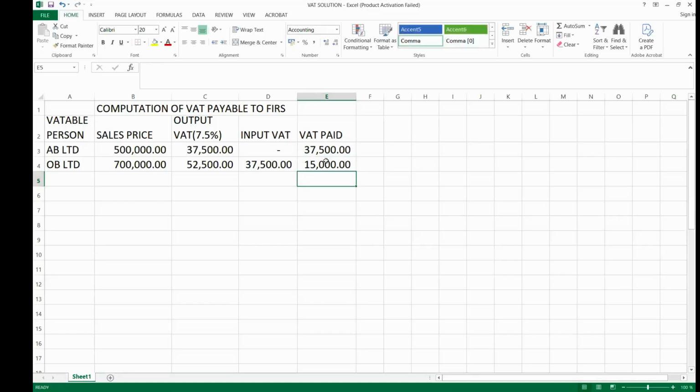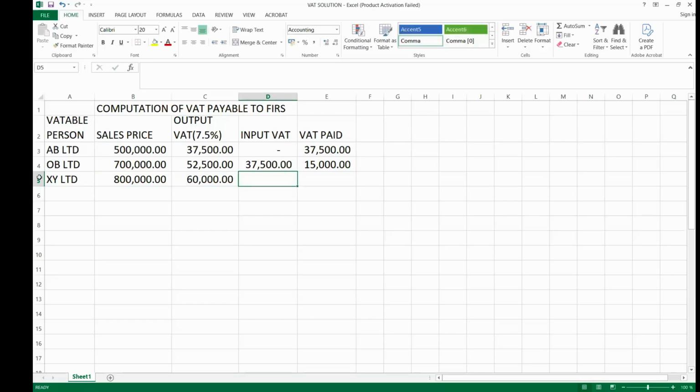After that, SY Limited also sold it to JT Limited for 800,000 naira. SY Limited will collect VAT on this sale at 7.5%. 7.5% of that amount will give us 60,000.